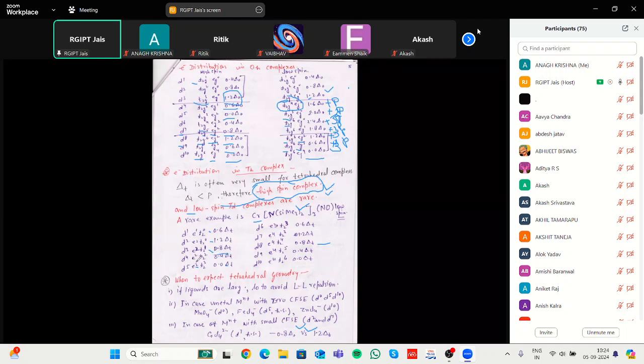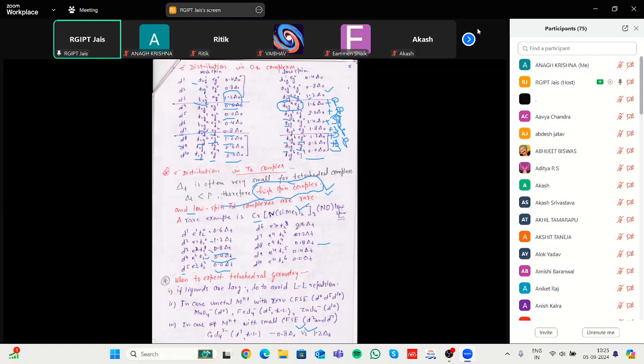In this case, 2 electrons here, 2 electrons here, total 4 electrons, minus 0.4 Δt. After that, in case of a d5, the total energy is 0. In this case, d6, e2, t2 3, means total minus 0.6 into 3 plus 0.4 into 3.